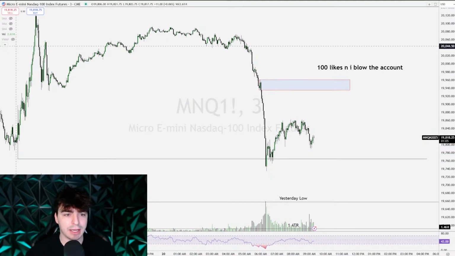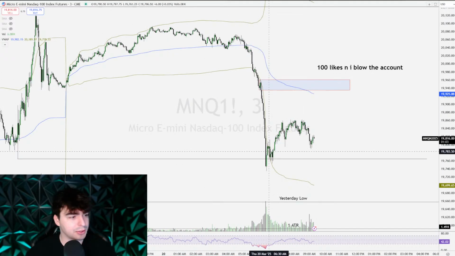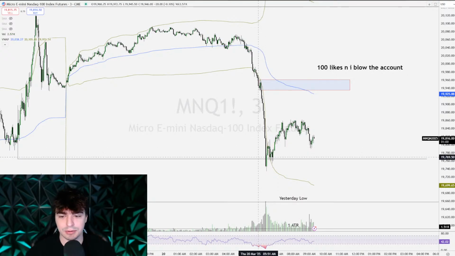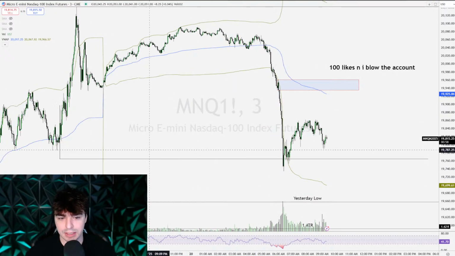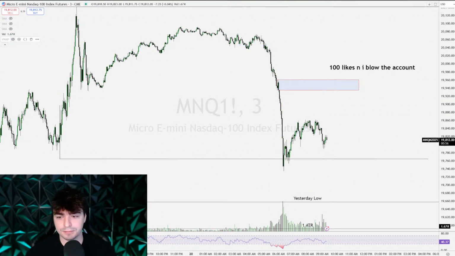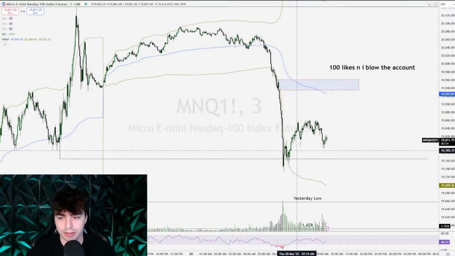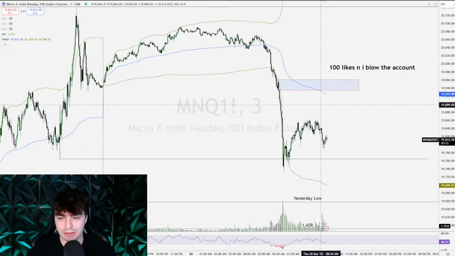And if we take a look at the VWAP, you can see that was also the second standard deviation. So yeah, the market was definitely overextended, taking out those lows. Now we are kind of in the middle of that second standard deviation in the VWAP itself.